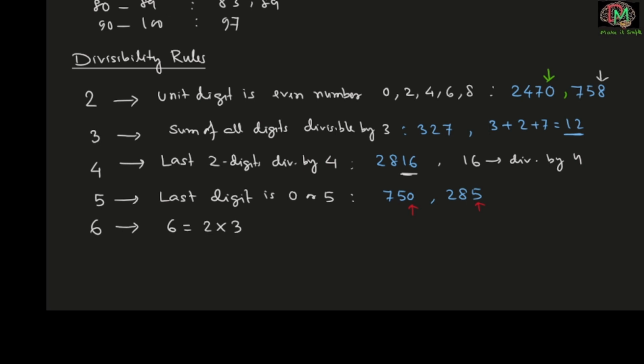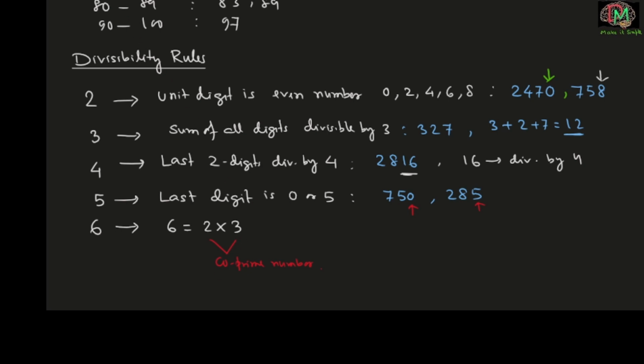You must remember these should be co-prime numbers. Now, if the given number is divisible by 2 and 3 both, then we can say the number is divisible by 6. We already learned the conditions for divisibility by 2 and 3, so we check them separately, and then we can say that the number is divisible by 6.